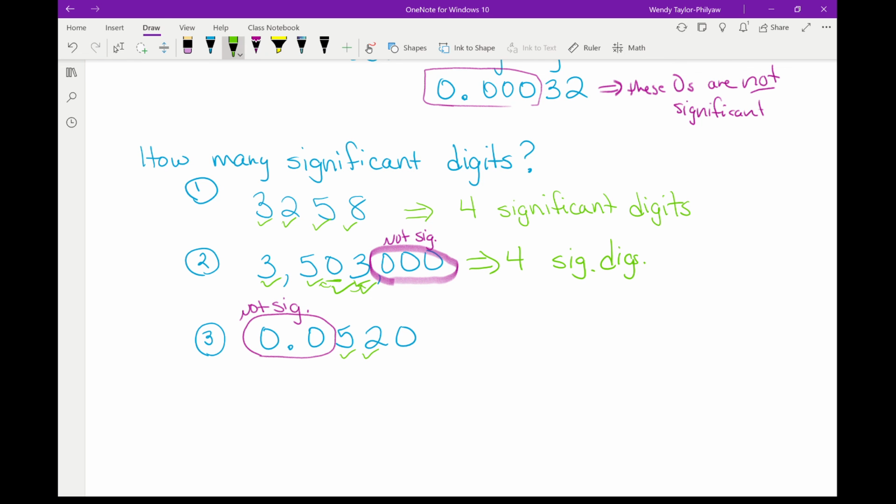Well, if it's at the end of the decimal, then yes, it is significant. So this particular number has 1, 2, 3 significant digits. And we most often use significant digits for rounding purposes. So therefore, you need to know what significant digits are, and you need to know your rounding process.